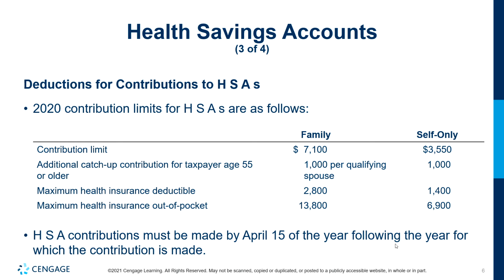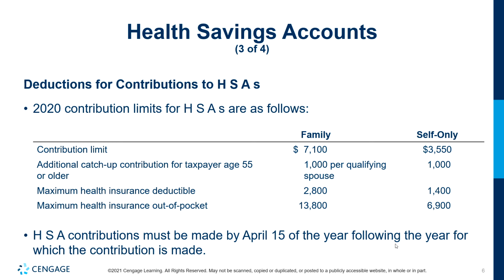Basically these are contributions designed to help people that started a little bit later to get to the amount that they should be at. So once you reach 55 or older, you can actually put $1,000 per qualifying spouse for family. Self is just $1,000. So if both spouses are qualified, that's $2,000 extra. But again, you've got to be over 55 before that actually gets put in.